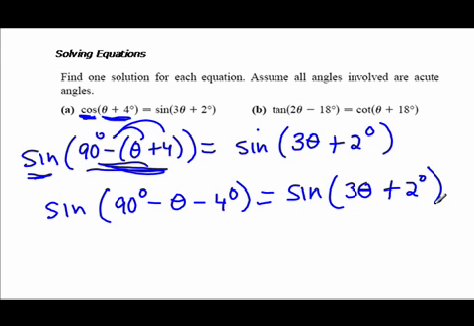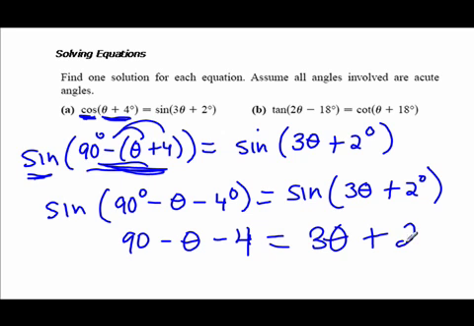And now that I have the same trig function on both sides of the equation, what has to be true in order for this equation to be a true statement? The two angles have to be the same, right? So what's in parentheses on the left has to equal what's in parentheses on the right. So 90 minus theta minus 4, and those are in degrees, has to equal 3 theta plus 2.